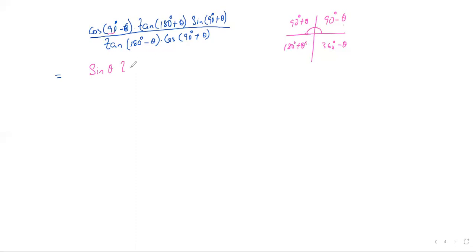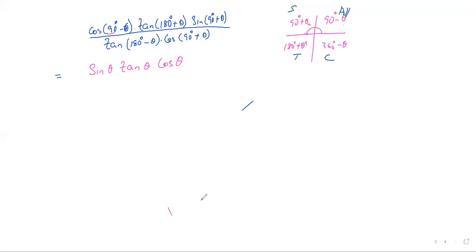Tangent is positive in the third quadrant. And then this is sine of 90 plus, which falls in the second quadrant. Sine is positive there. So the sine of that is going to be the cos of theta.